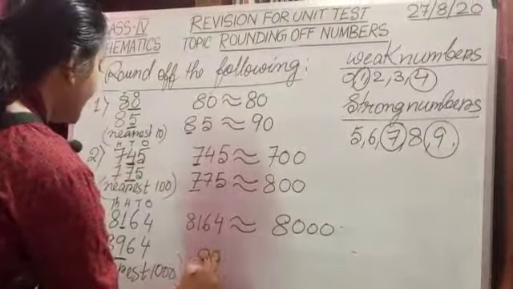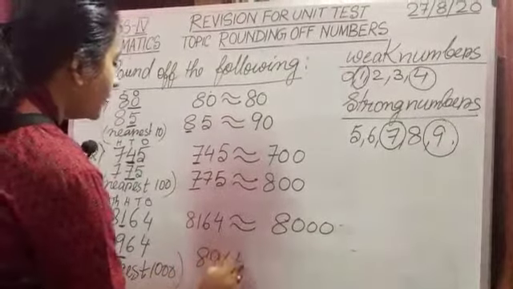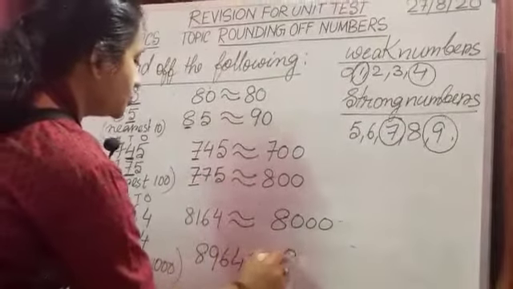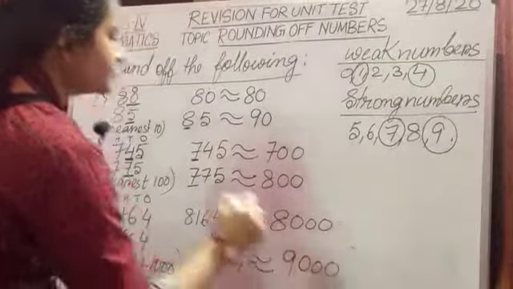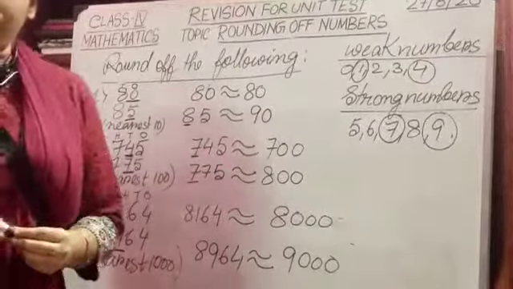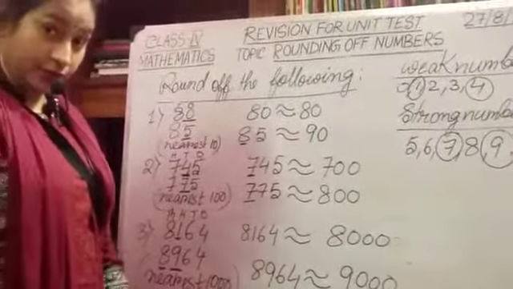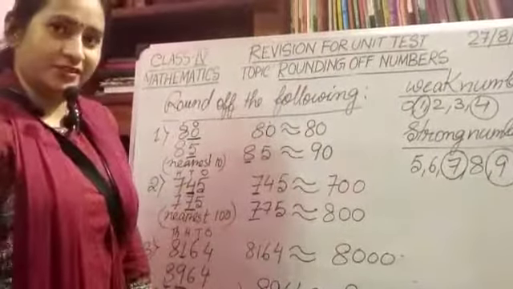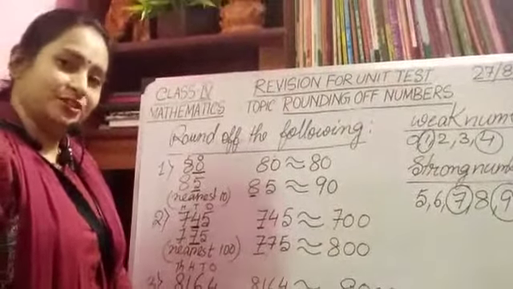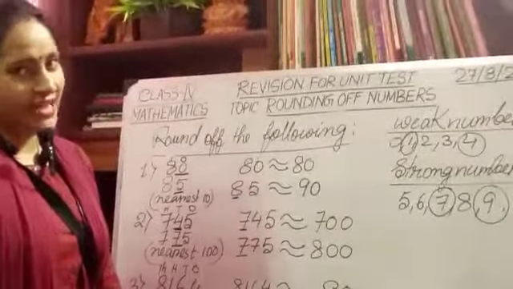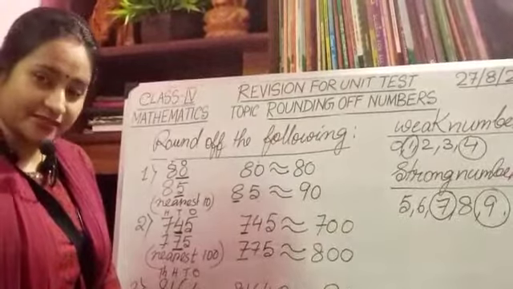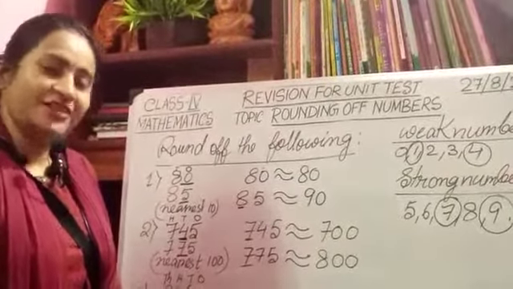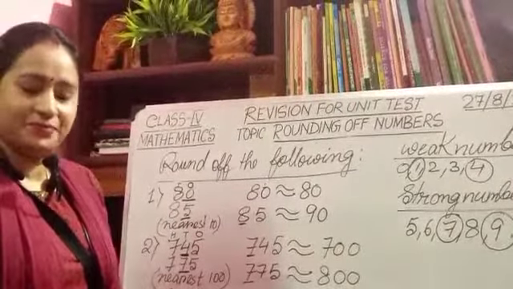Therefore, 8964 can be estimated to 9,000. I hope all of you have understood, children, and you will follow this process. It will help you to get your answer very easily and very quickly. So practice these sums and good luck for your unit test. Best of luck, children.